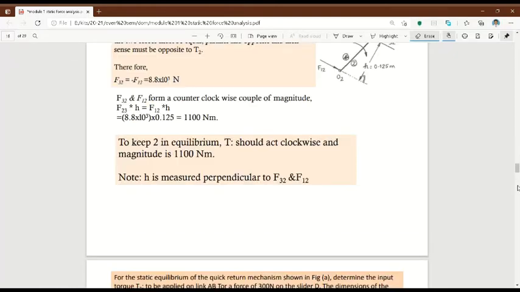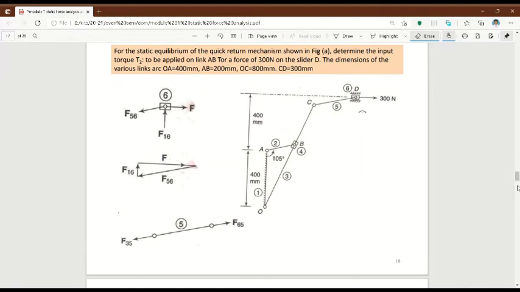In the third problem, we are going to see the crank and slotted lever quick return mechanism. Here we are going to solve a problem based on the crank and slotted lever quick return mechanism. In the question itself they will give a diagram. Let us read the question.